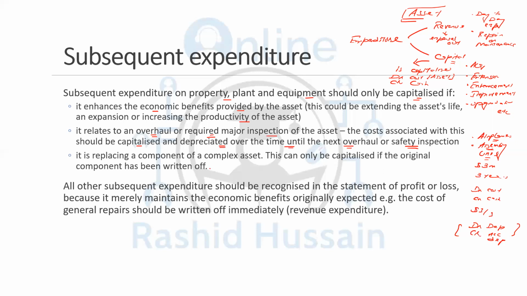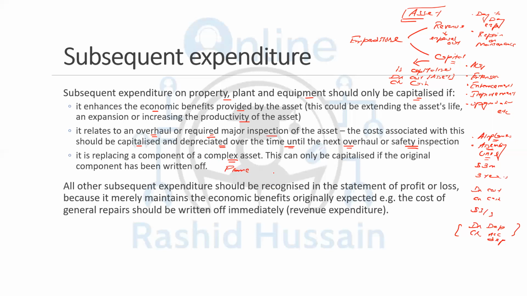Now we are moving toward the third point. It is replacing a component of the complex asset. Now, what is a complex asset? A complex asset is an asset where there are many components in it, and every component has a different useful life. For example, you talk about the plane.